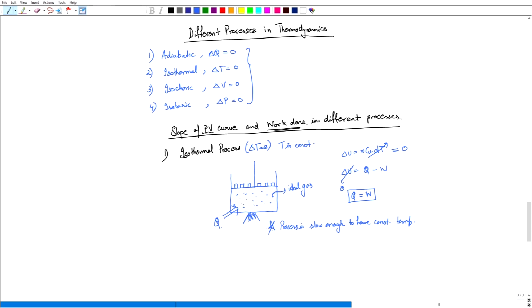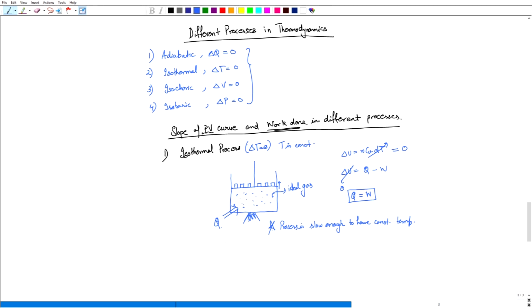So you are giving heat and the piston is going up, and these are the blocks, so the amount of work done is equal to the weight of this block. The process is slow enough so that we have a constant temperature.